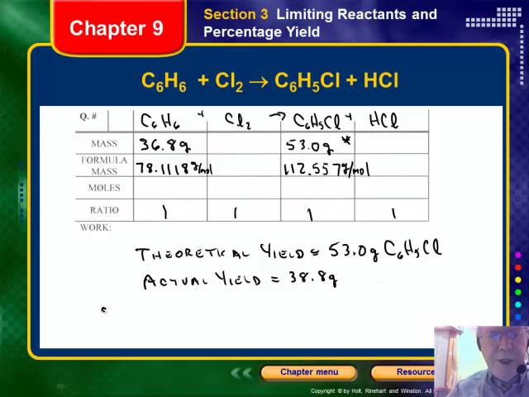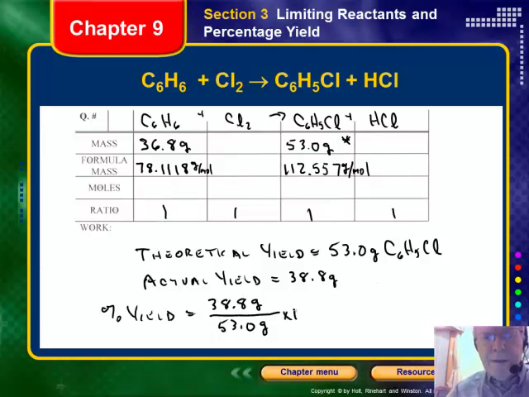So our percentage yield is the actual yield, 38.8 grams, divided by 53.0 grams, times 100, and I get 73.2%.